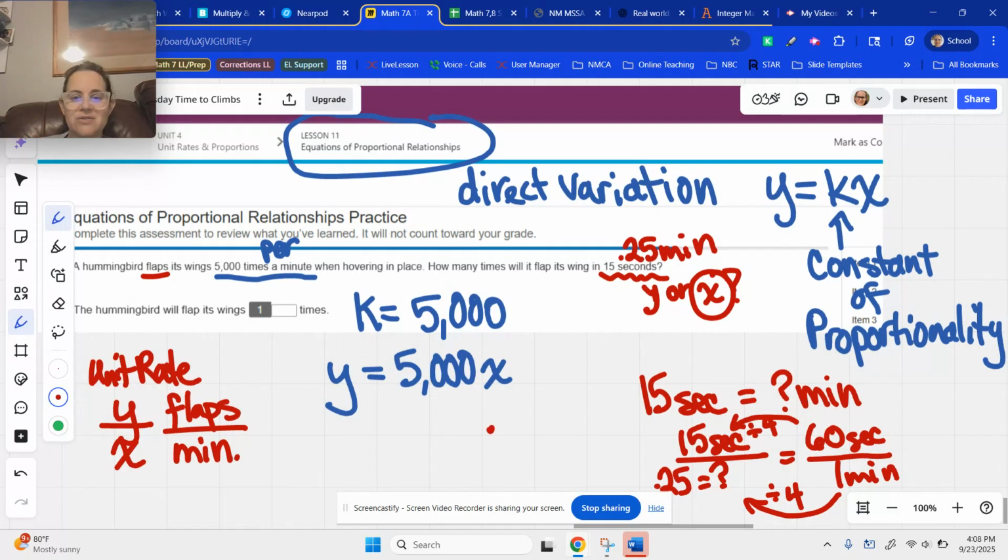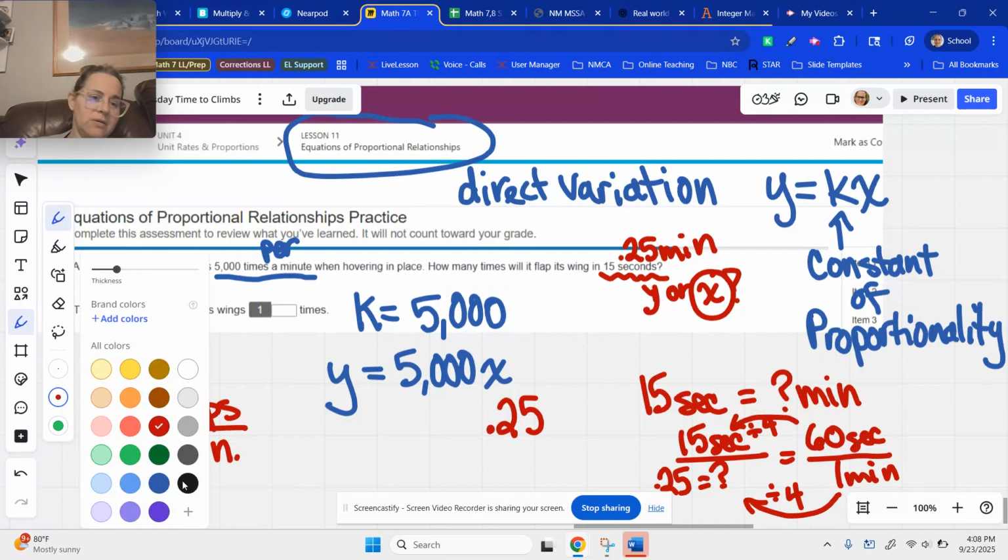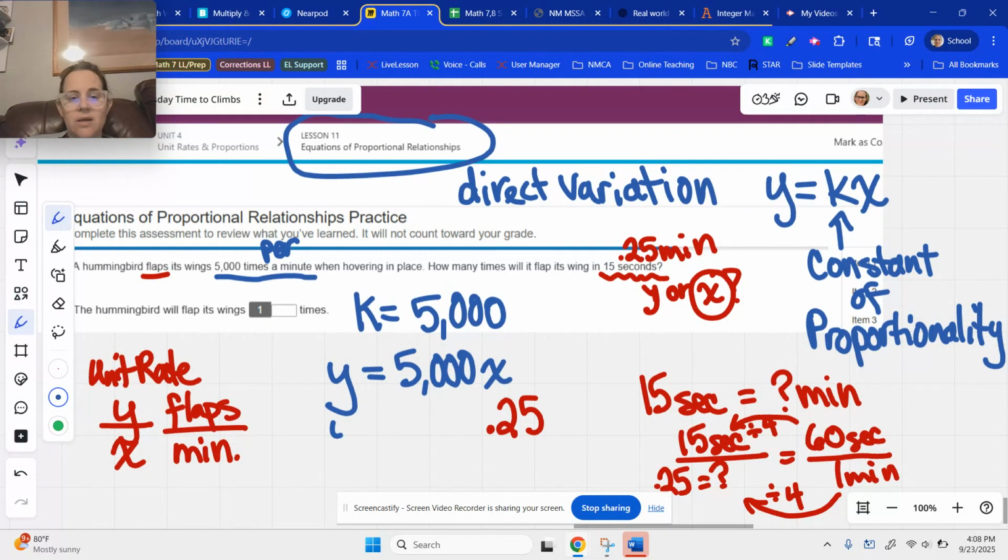So what I can do now is substitute 0.25 where x is in the equation, and then I can either solve it or simplify it depending on whether I have x or y. Because I have x, I'm going to simplify. I'm just going to multiply 5,000 times 0.25. If I had y, I'd have to solve the equation.